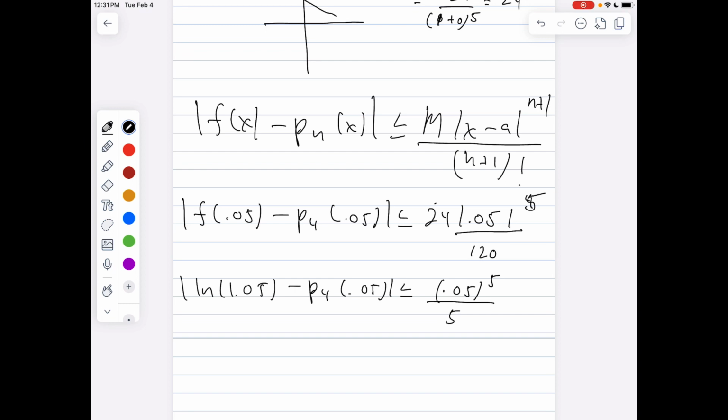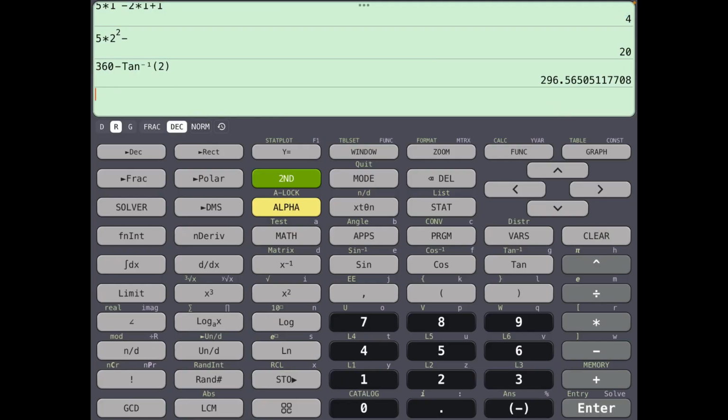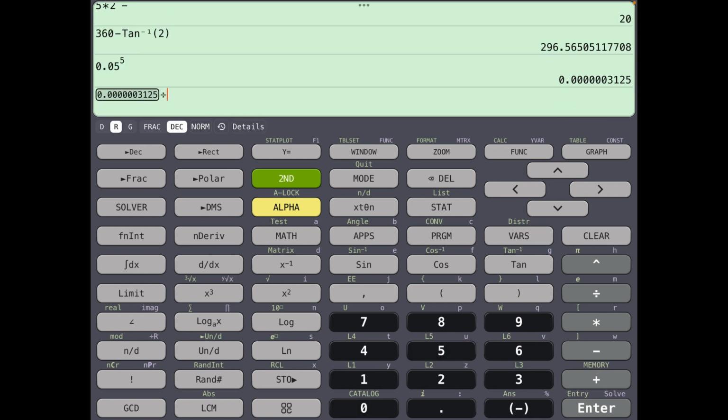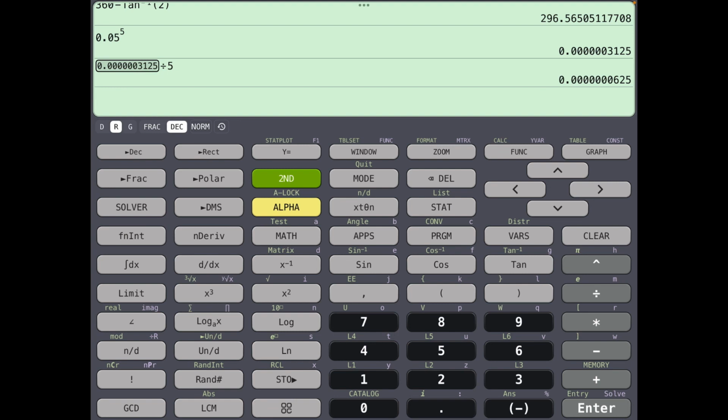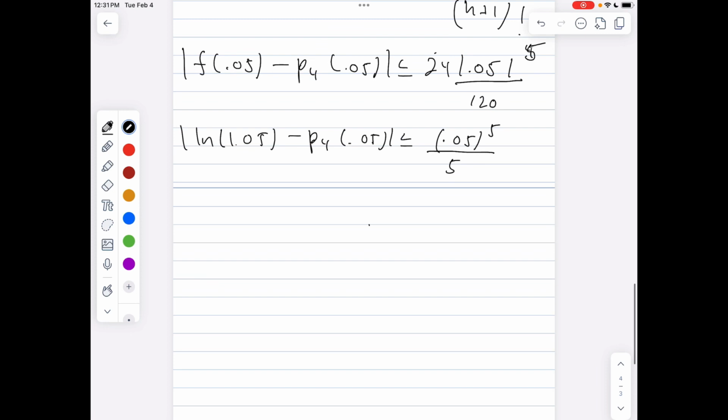So we'll go ahead and compute that, see what it looks like numerically. 0.05 to the 5th divided by 5, and you can see it's 0.00000, 1, 2, 3, 4, 5, 6, 7. Looks like 7 zeros and a 625. So I hope I counted correctly.